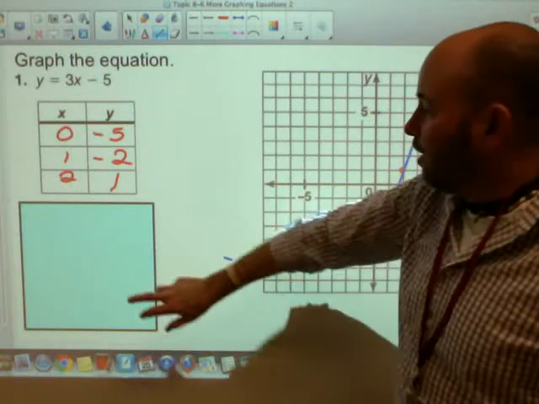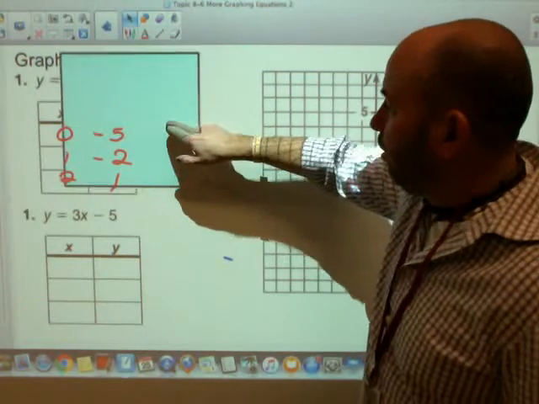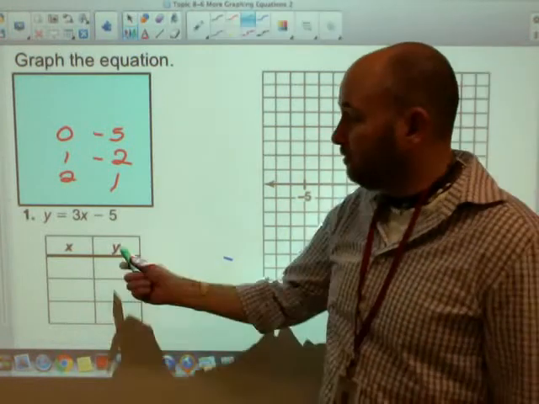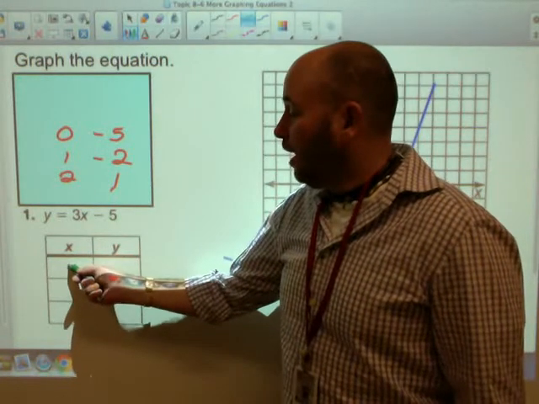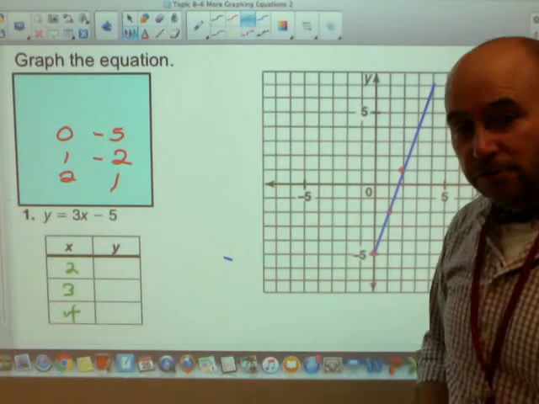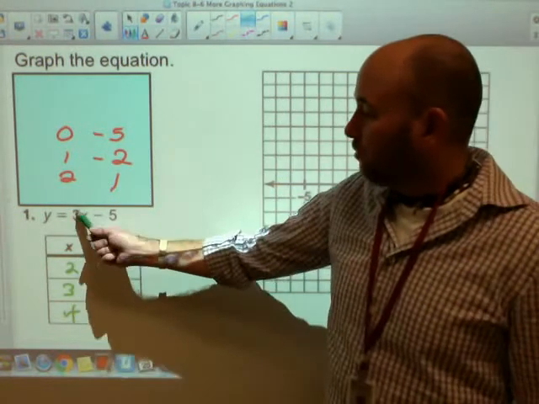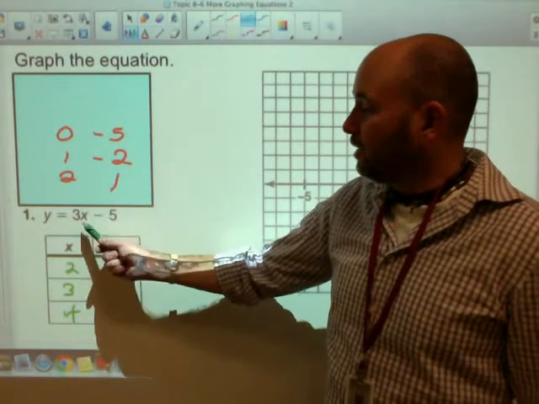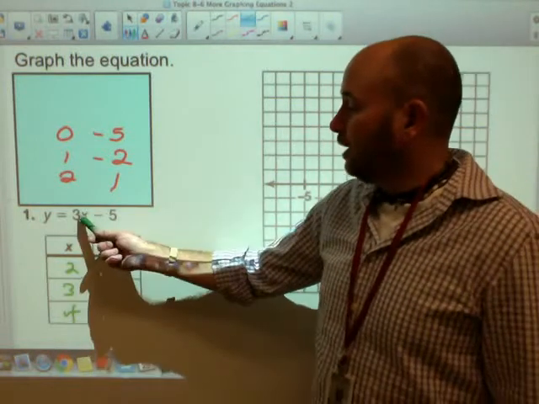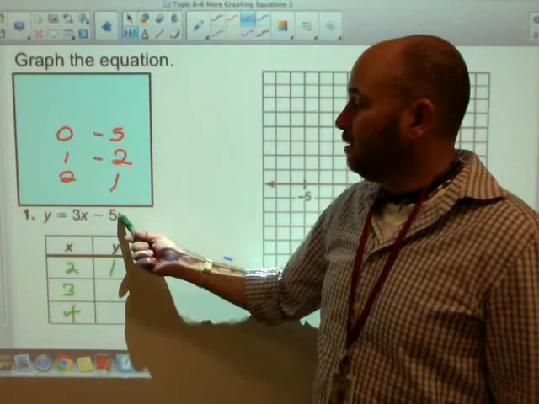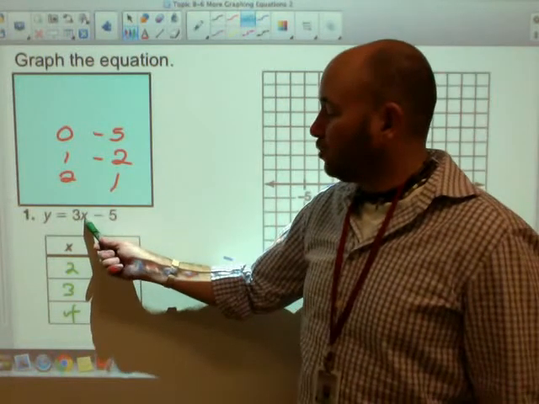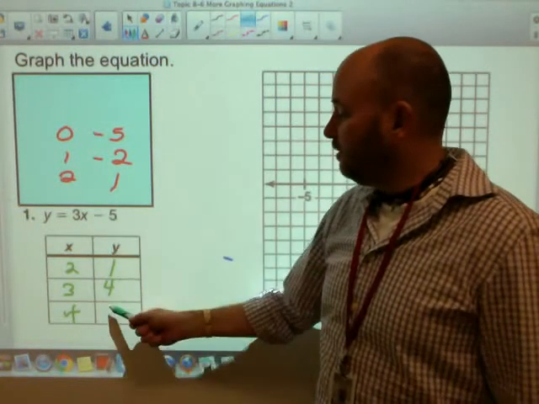All right? Now, what I could do is also try it with different numbers if I wanted to. Some of you may have decided to go with 2, 3, and 4 as your values. So 3 times 2 is 6, minus 5 is 1. 3 times 3 is 9, minus 5 is 4. 3 times 4 is 12, minus 5 is 7.